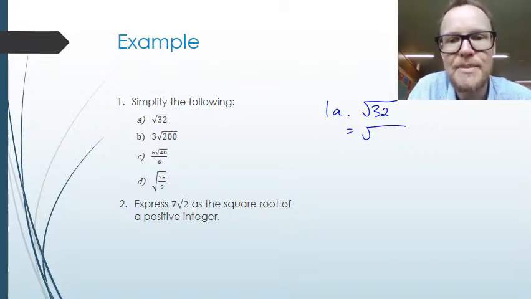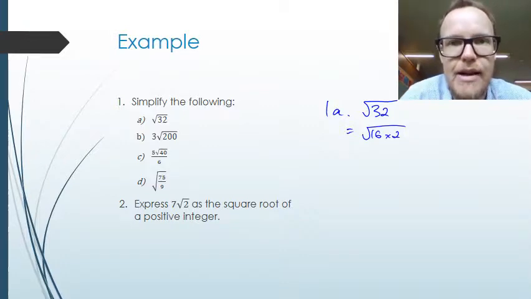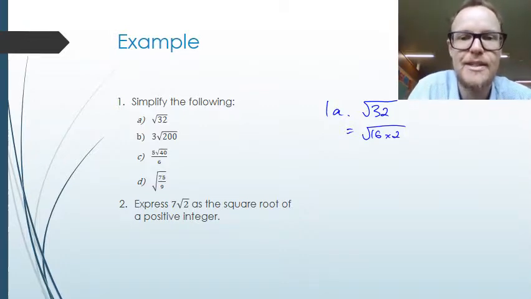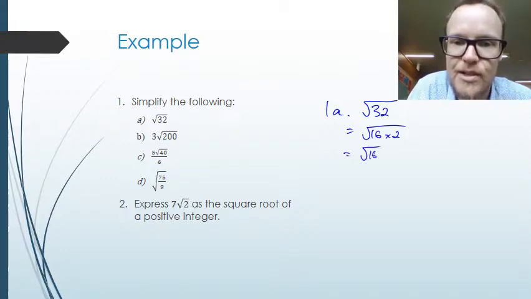So 16 times 2 are factors of 32, and 16 is a perfect square. So this becomes square root of 16 times square root of 2, and square root of 16 is 4, so we're left with 4 root 2 here.